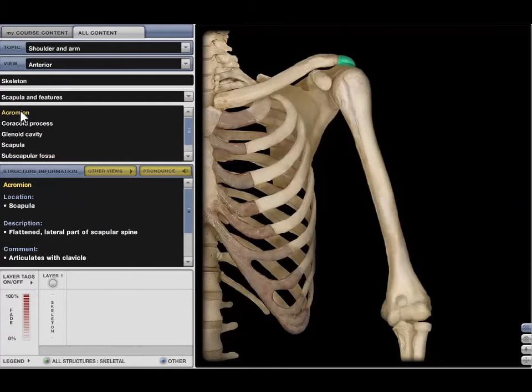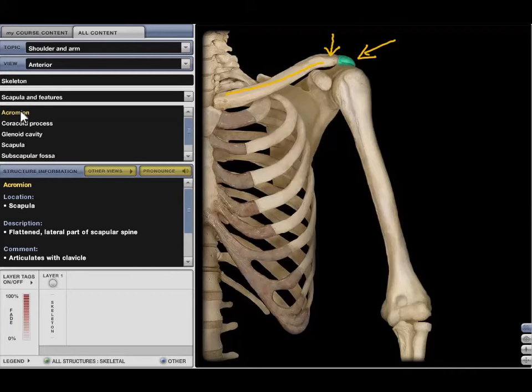Here we can see just the tip of the acromion process coming over from the posterior side, and this is the clavicle, and you can see that the acromial end of the clavicle here articulates with the acromion process of the scapula.